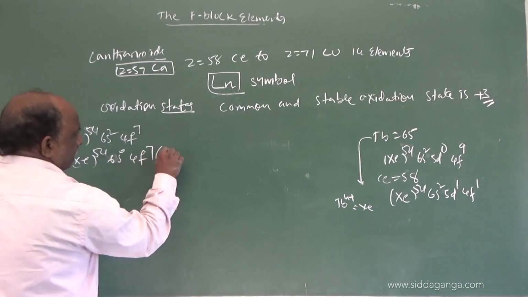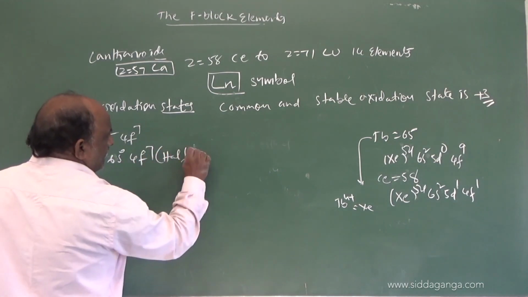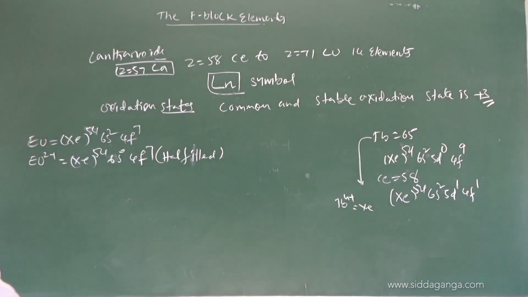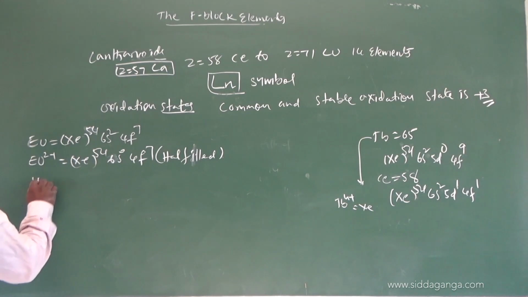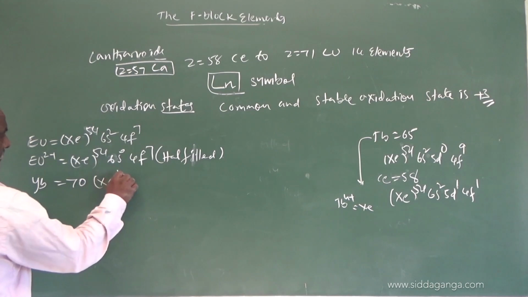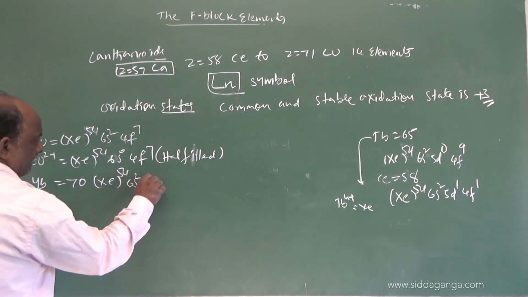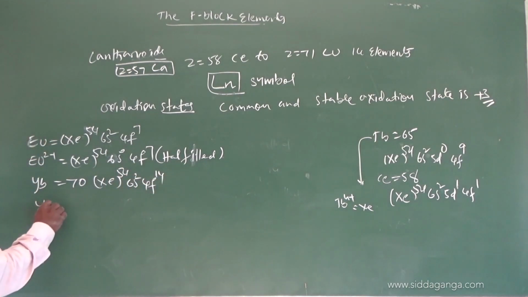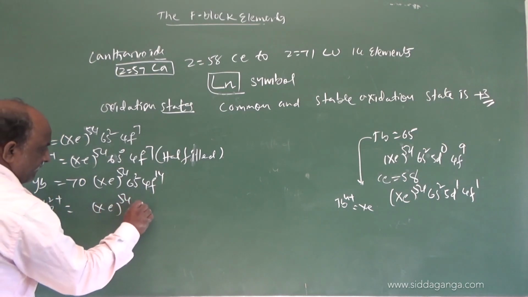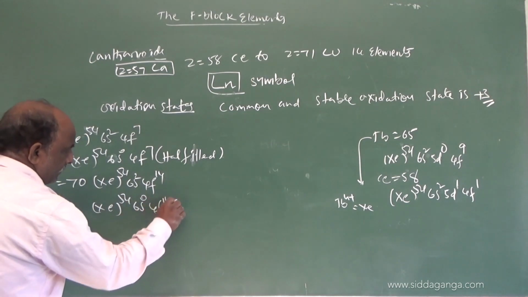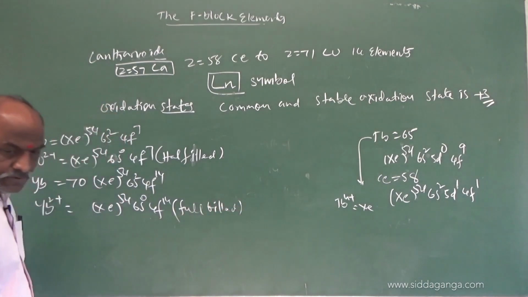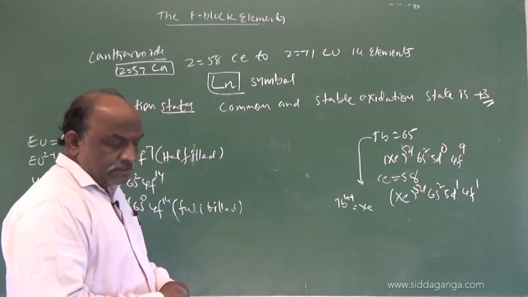It is half filled. And next is Yb, atomic number 70, xenon 54, 6s2, 4f14. Yb2+ is xenon 6s0, 4f14. It is fully filled. So half filled electronic configurations, fully filled electronic configurations.